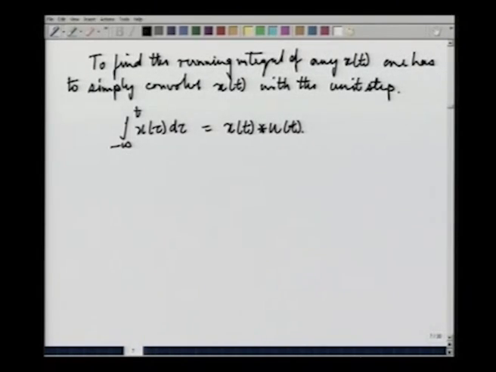Given this fact and given our favorite convolution theorem, we can immediately say that the Fourier transform of this side must just be the product of the respective Fourier transforms here. Let me call this y of t.